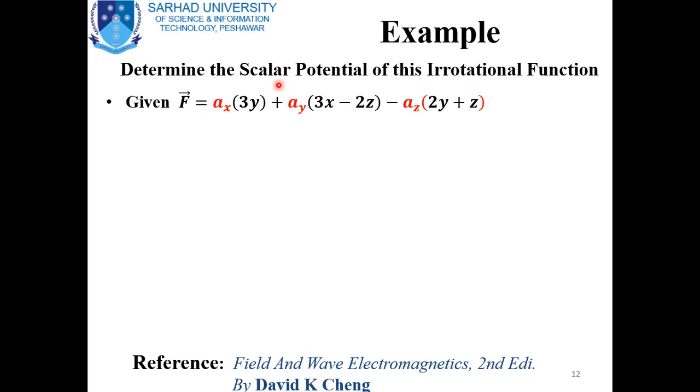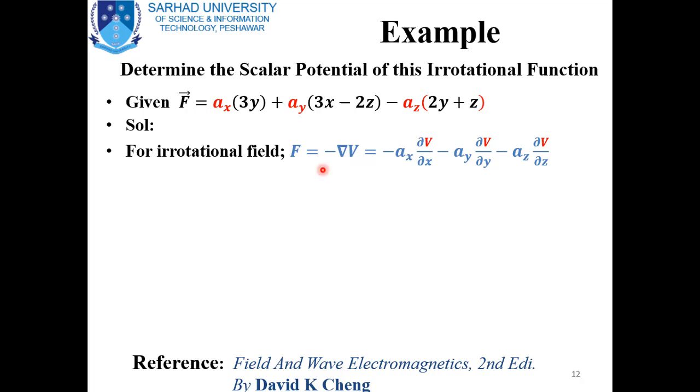So our function which is obtained in the previous slide, f is equal to ax into 3y plus ay into 3x minus 2z minus az 2y plus z. And we know that if the field is irrotational, then the curl of f is equal to 0, and we can write f as a negative gradient of some scalar potential.